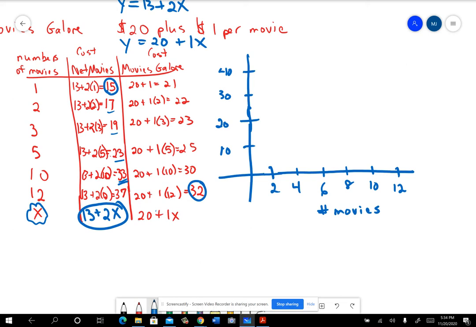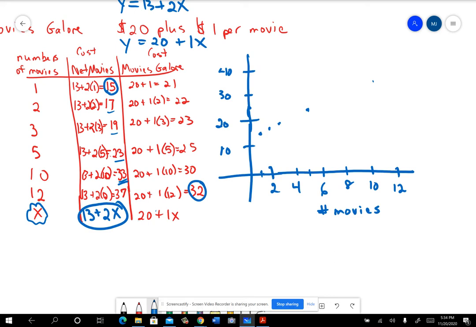So when I do that one, I'm using the ordered pair 1, 15. So I'm thinking about 1 and going to 15. Then I'm thinking about 2 being at 17. 3 being just below 20. 4 I don't have. 5, which would be here, is all the way at 23, a little less than that. Okay. 10 is at 33, so that would be kind of up here.